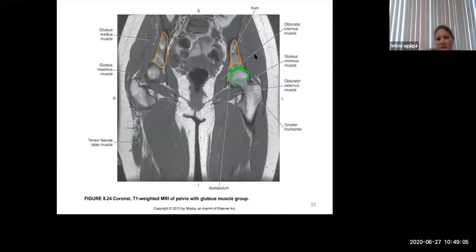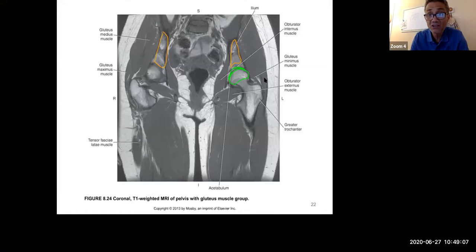So basically, this is what you are seeing, the gluteus muscles. Correct? Now, which muscle is located in the iliac fossa? So this is my ilium, the gluteus is over here. If I move toward the inside of my ilium, which muscle am I supposed to see?